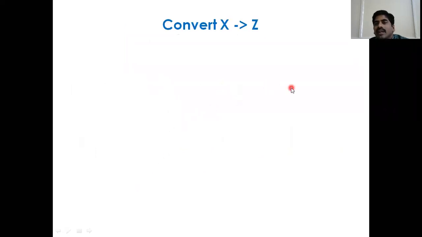You have to convert x to z. X means the original variable. It may be height, weight, or hemoglobin. Any original variable is represented with x, and we convert this x to z using one formula. I will show you.